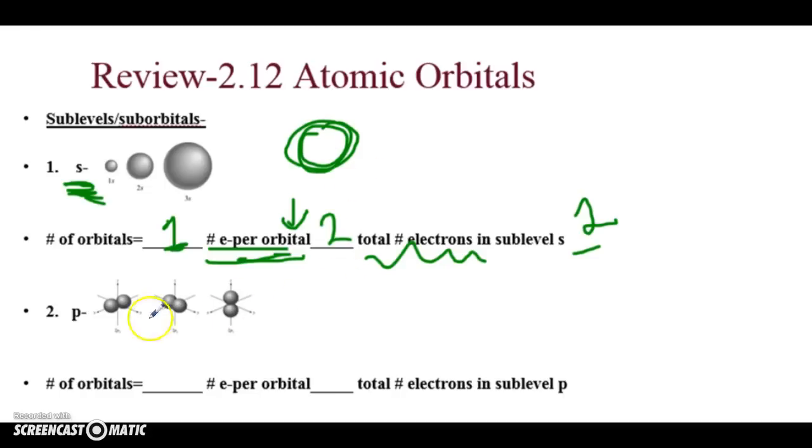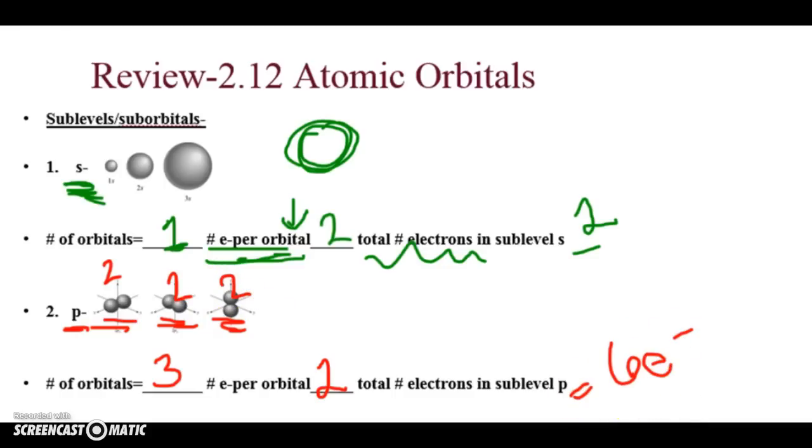Let's look at P. There are 3 p orbitals, px, py, pz. So P has 3 orbitals, and there are always 2 electrons in each orbital, so a p sublevel can have a total of 6 electrons.